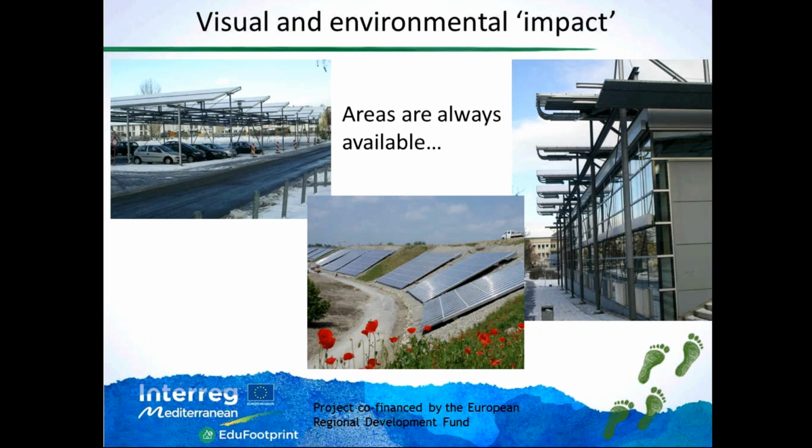So we are talking about solar plants which are installed on surfaces which are already occupied by the building. And this is my first message about this topic, that areas are always available. So it's not true that in order to have a good production of heat and electricity by solar energy, we have to exploit all of our, for instance, agricultural lands, but we should look to other surfaces.